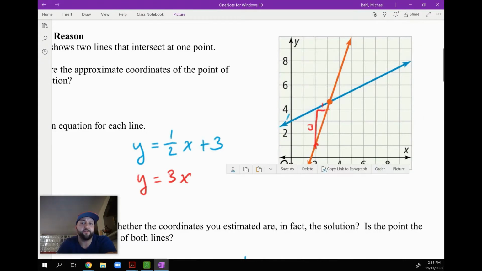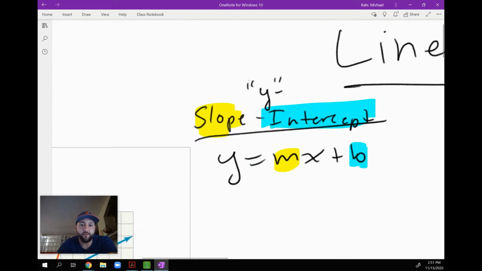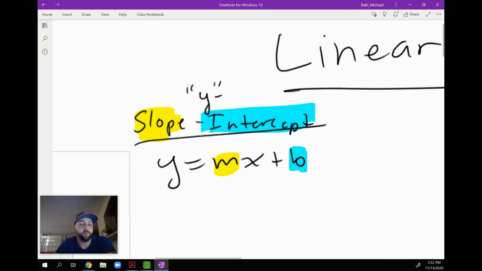talking about different forms of linear equations, at least 2 of the 3. You already know one of them. So for linear equations, one option is slope-intercept form, which we're all very familiar with. Everyone remembers this formula, y equals mx plus b. It's called slope-intercept form because it gives you the slope and the y-intercept.